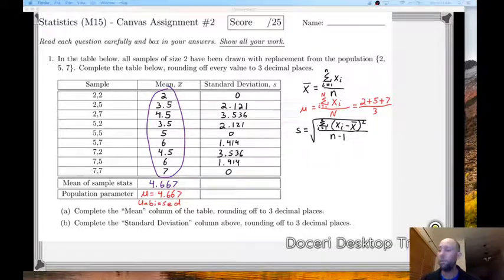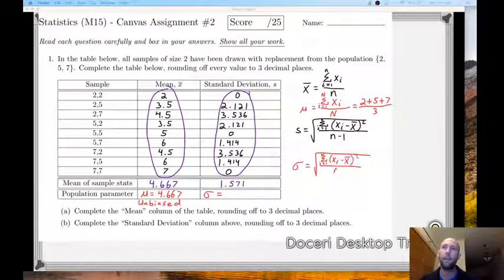Next, what we want to do is take the mean of all of these standard deviations and see what we get. We add them together, divide by 9, and I'm getting 1.571. Now the population parameter for the standard deviation is sigma, and the formula for sigma is slightly different. Instead of dividing by n minus 1, we're dividing by capital N. We don't subtract 1.